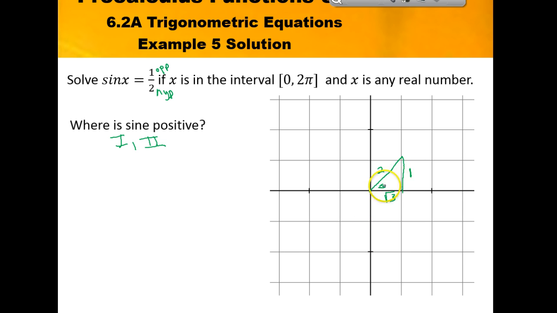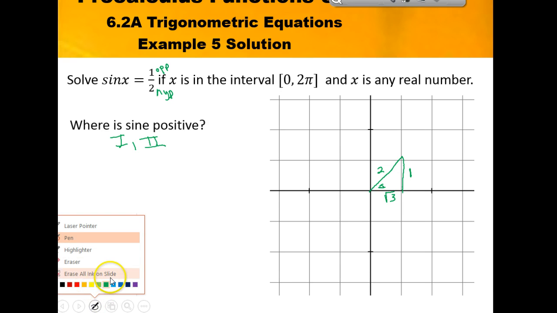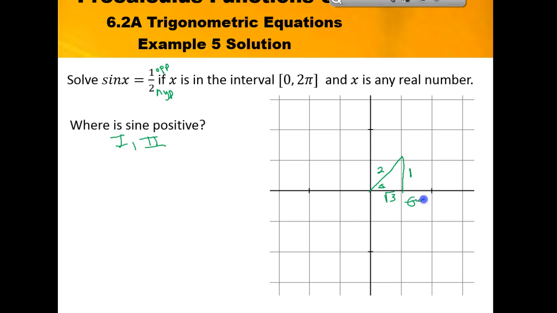Well, theta is across from a 1. So in a 30, 60, 90 triangle, what angle is across from 1? And yes, you should all be saying pi over 6. So we know that theta is pi over 6.